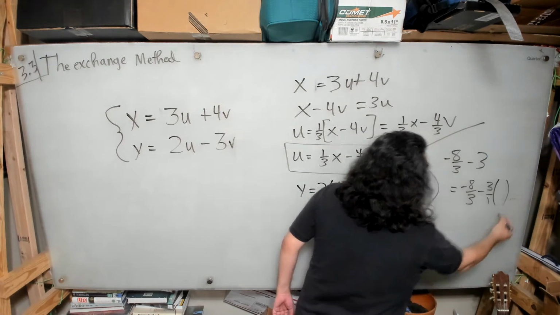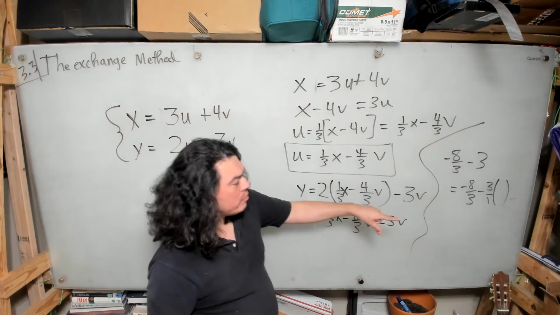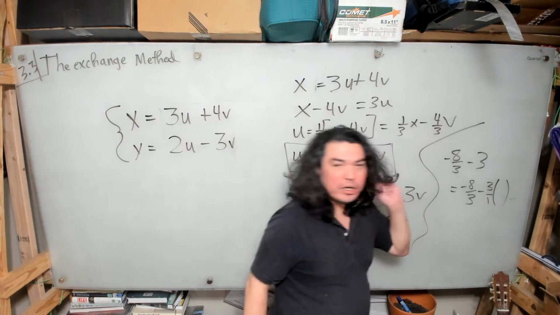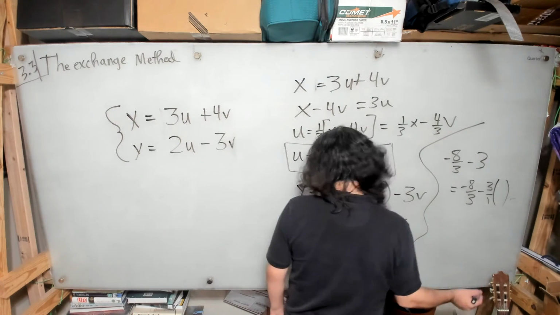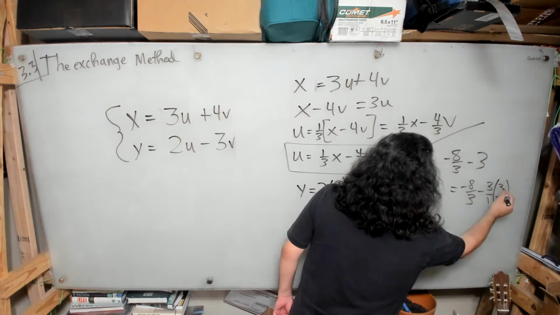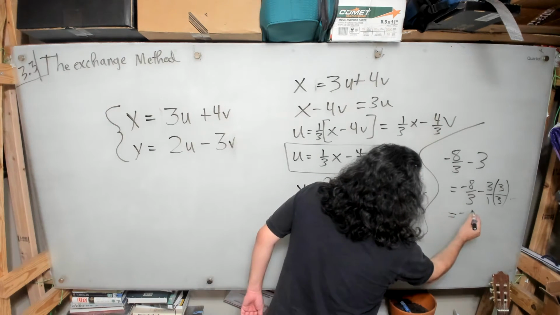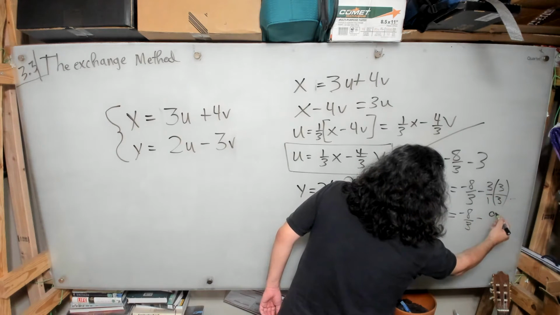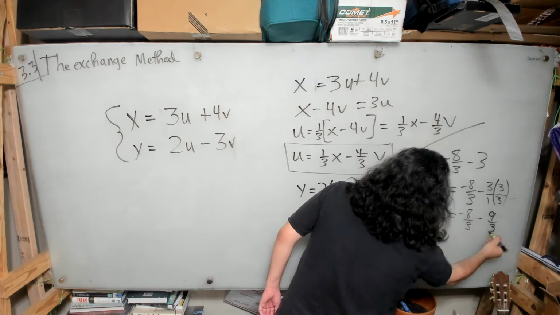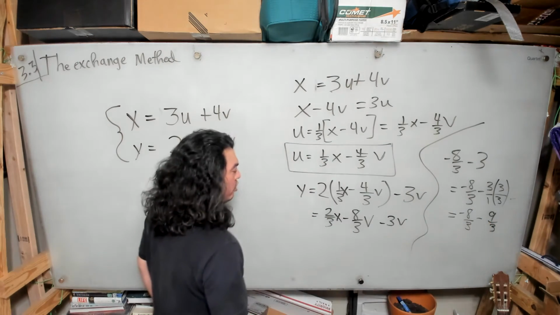I'm going to multiply it by a fraction that equals 1, but in such a way that 1 times that denominator will give me 3. Of course, in this case, 1 times 3 is 3, so it'll be 3 here on the bottom, and consequently 3 on the top. So I can rewrite this as negative 8/3 minus 3 times 3 is 9, 1 times 3 is 3. Negative 8/3 minus 9/3 is negative 17/3.